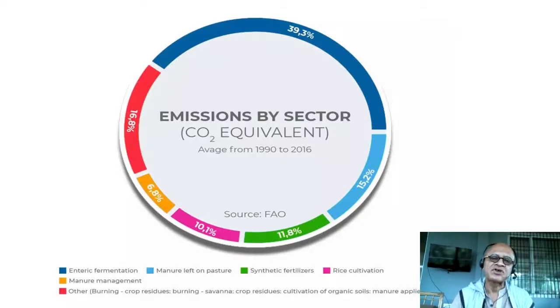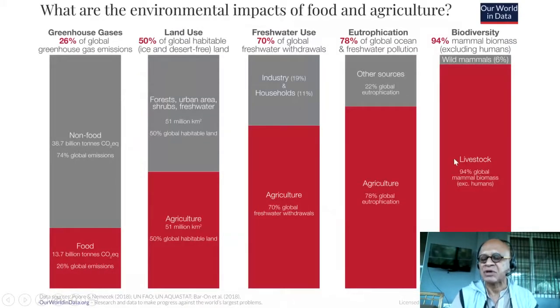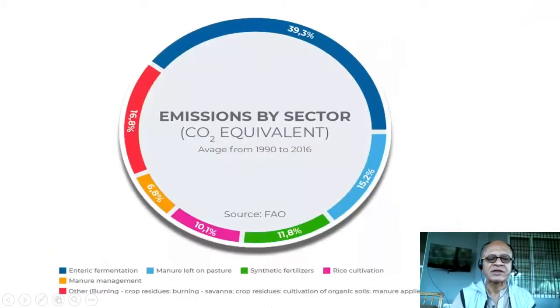You can further split it into emissions by sector in terms of CO2 equivalent over this period as presented by FAO. We won't worry about the numbers here, but you can see the largest here is coming from enteric fermentation, so livestock. That goes with this number here, so that's not great.